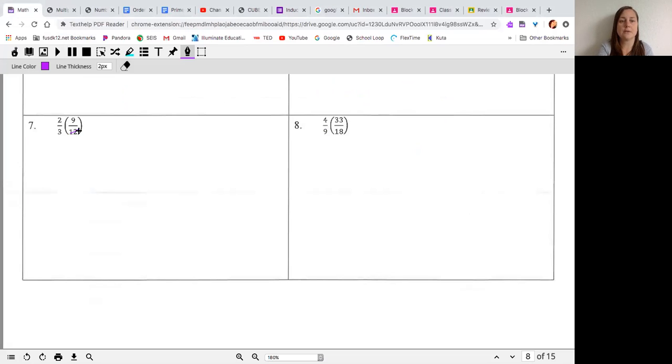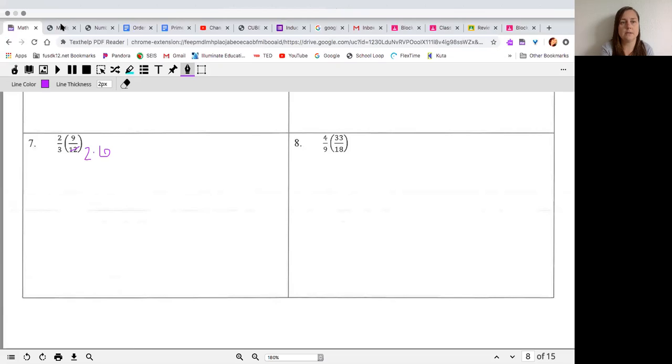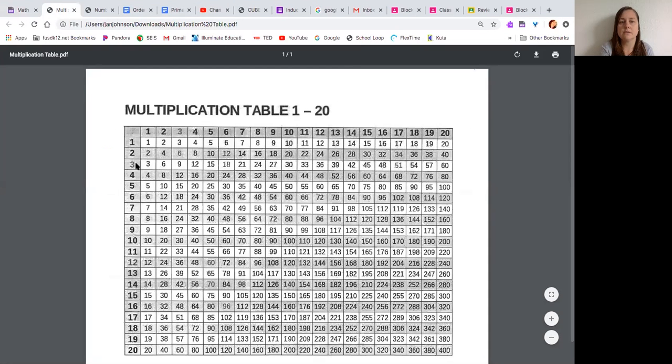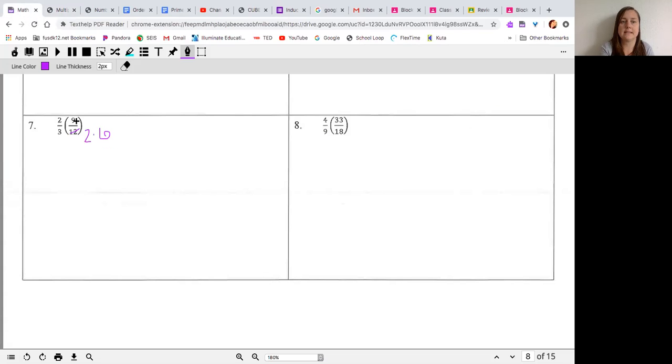Okay, so I crossed off my 12 and I'm going to write 2 times 6. What about 3 and 9? Didn't we just do that? We said 3 times 3 was 9. Well, we can always double check, right? So 3 goes into 9 3 times. I'm going to cross off my 9 and write 3 times 3.